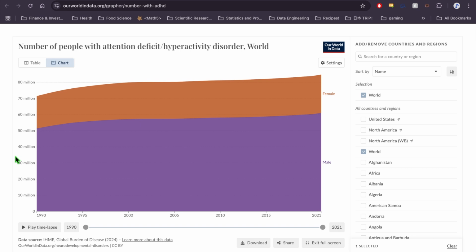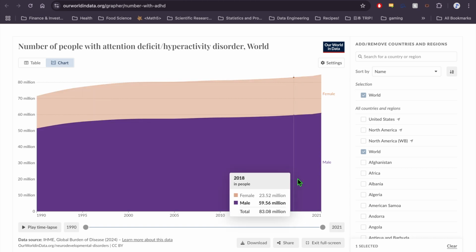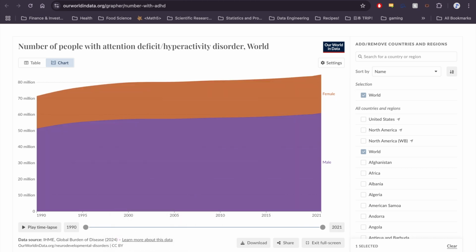So in summary, of this graph, we looked at four things. First, where is the data sourced? Is the data sourced from anywhere, and can we trace the data back to a credible resource?